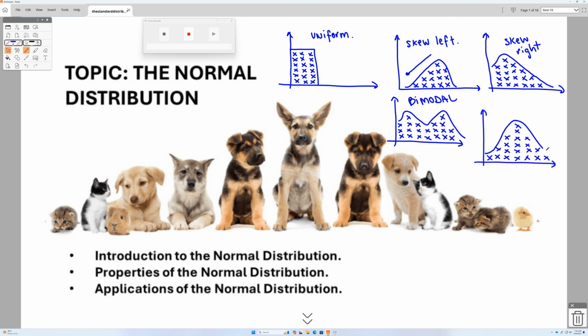The normal distribution is single peak and symmetric and resembles an upside-down bell.